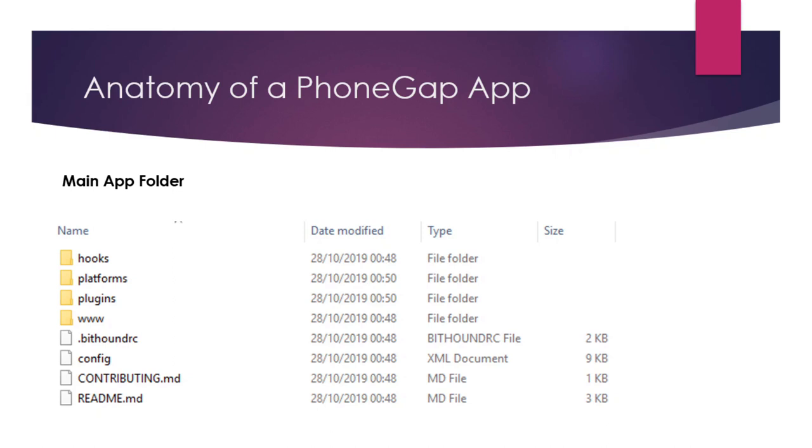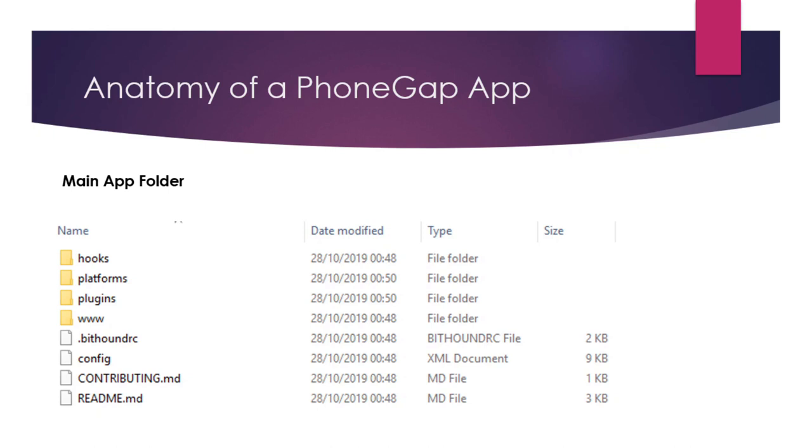So that's one thing that you have to check out. Some plugins will not work. The PhoneGap Developer app is just like an emulator which gives you a feel and look of how your app is supposed to look.